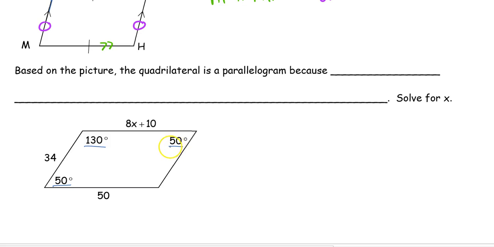So the reason why I know it's a parallelogram is one angle is supplementary to both consecutive angles.